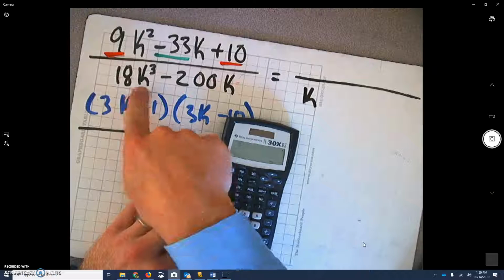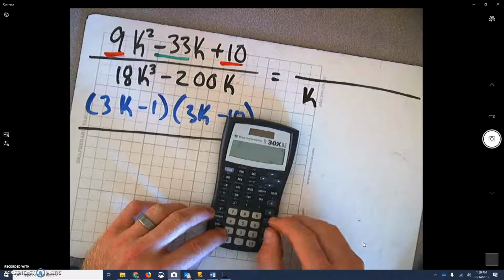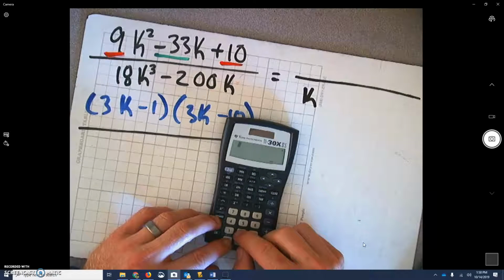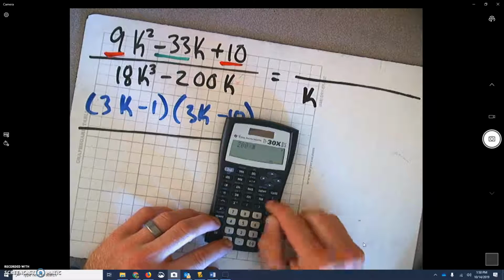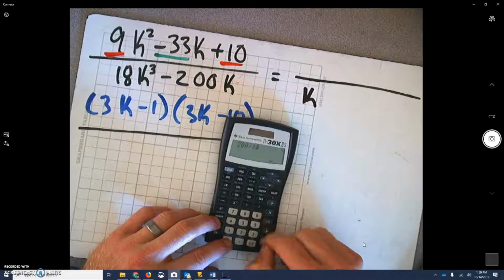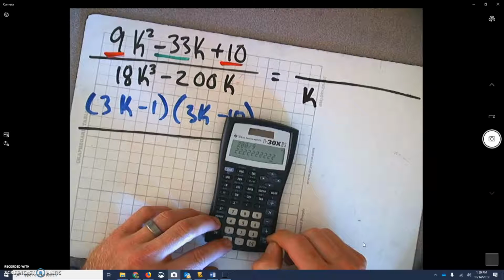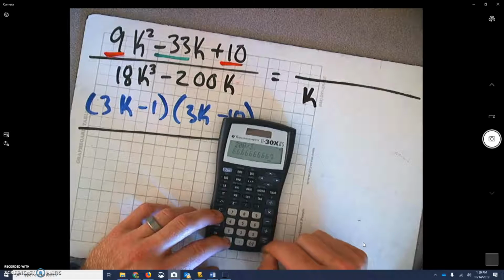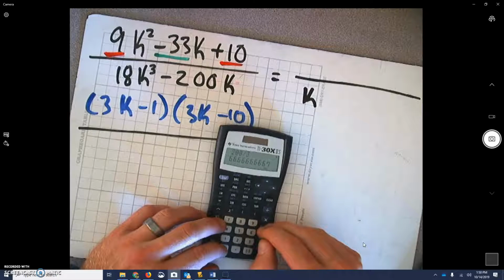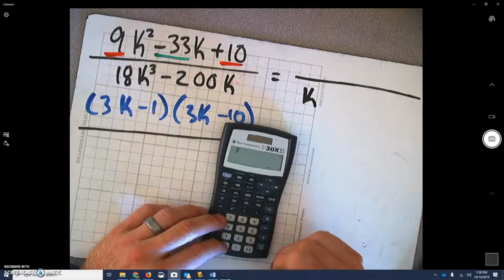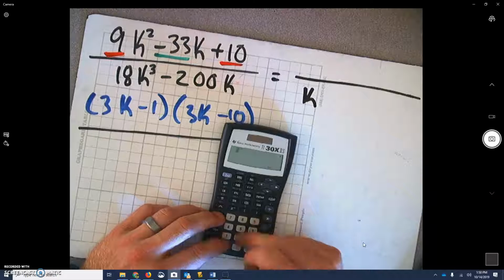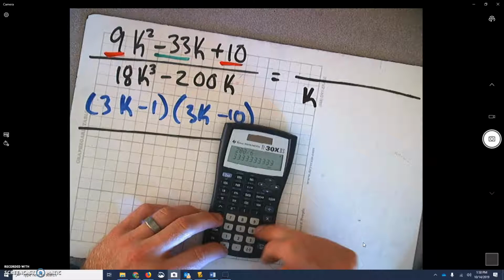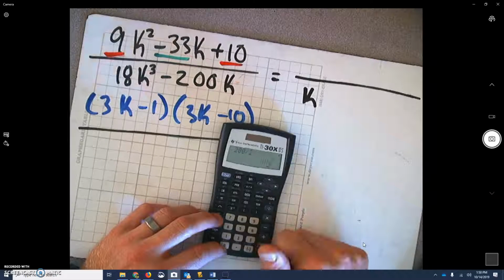So I'm going to pull out the factors of 18 and see what we can find as our factor. 200 divided by 9 gives us 22.222, so that's not it. What about 200 divided by 3? 66.6. That's not it. What else can we pull out? Maybe it's just 2. Yeah, it must just be 2.